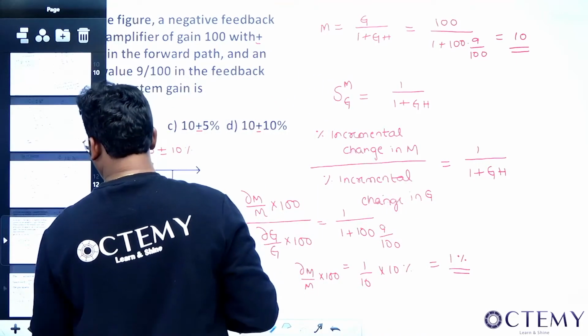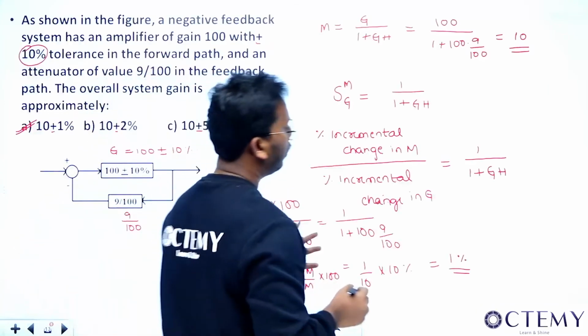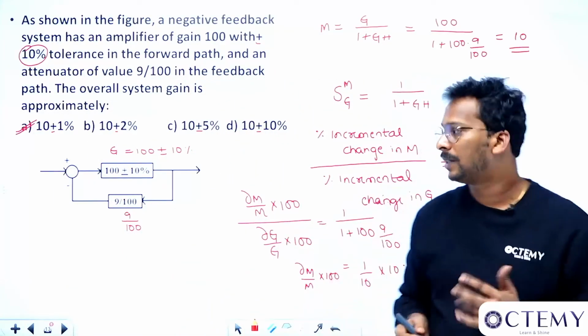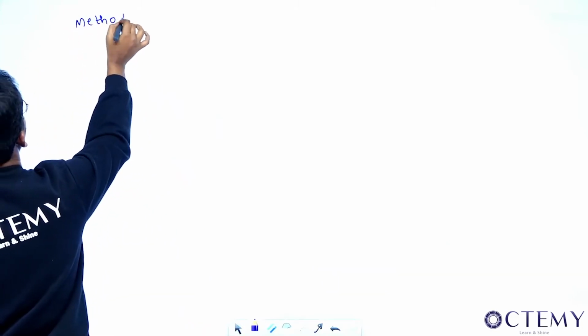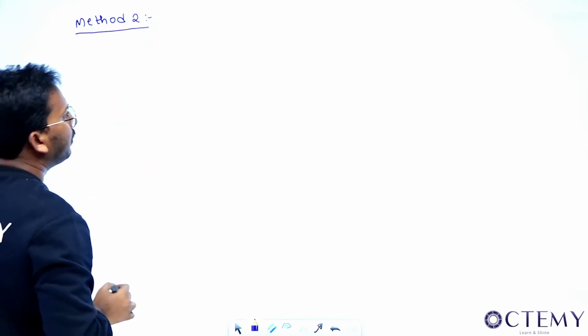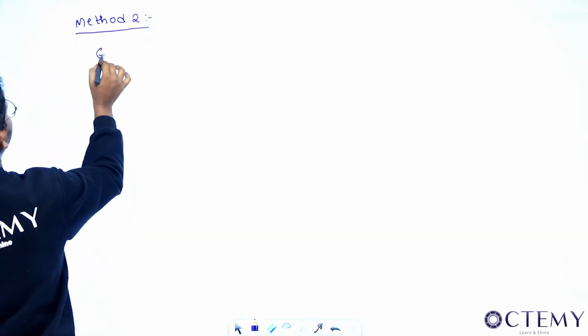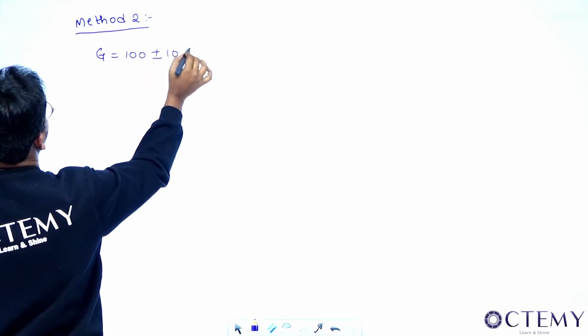See, in fact, in case you don't remember this particular formula, then the other way to solve this problem is like this. I can write it as method 2. In method 2, we know that G is equal to 100 plus or minus 10%.